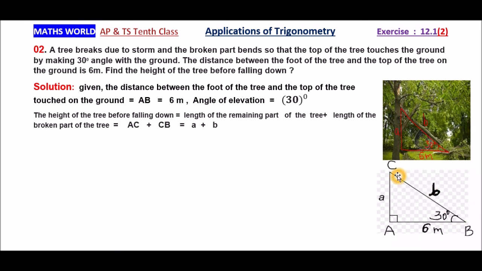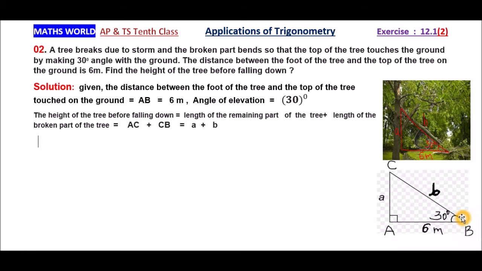Broken part of the tree BC, and what is given here, AB. So with respect to 30 degrees we have adjacent side and hypotenuse. So we know the relation adjacent side divided by hypotenuse is cos. So we use cos 30 for finding this portion.